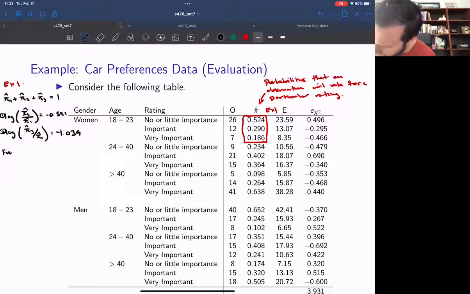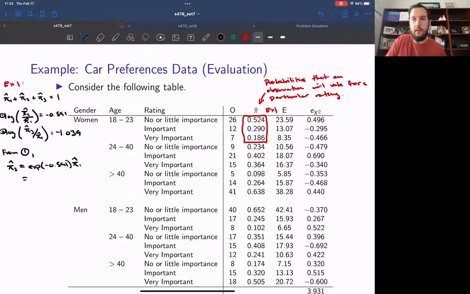From 1, we have pi hat 2 is equal to exp of negative 0.591 times pi hat 1, which gives us 0.5537 pi hat 1.